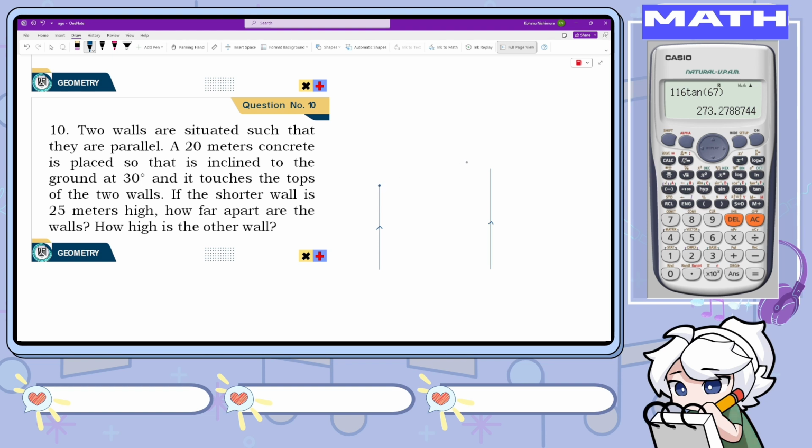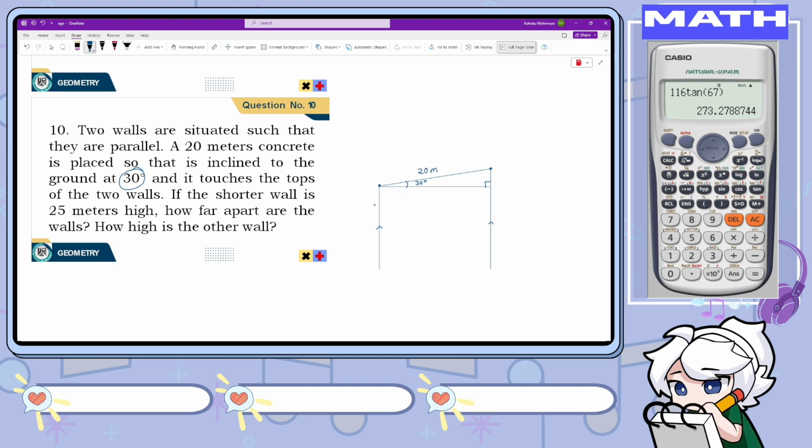So if these two are the top of the walls, if we connect this line here, it means this line is now 20 meters. And if I draw this line here, you can still form a right triangle, inclined at 30 degrees.